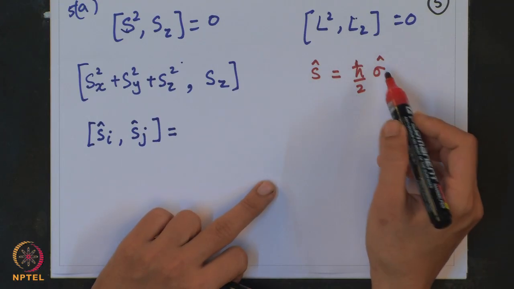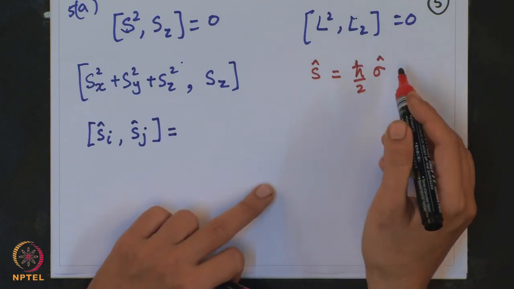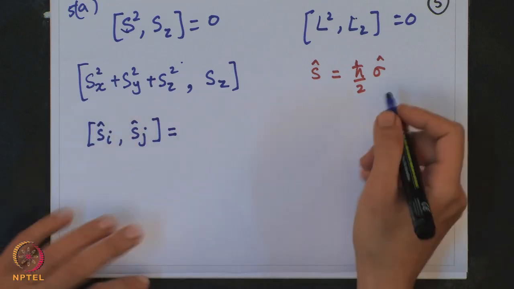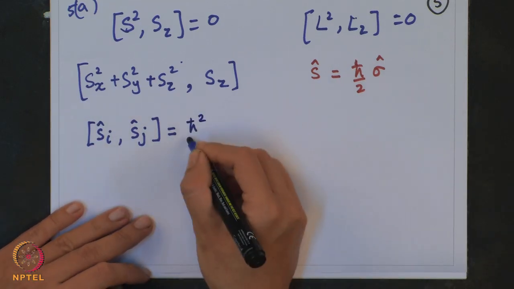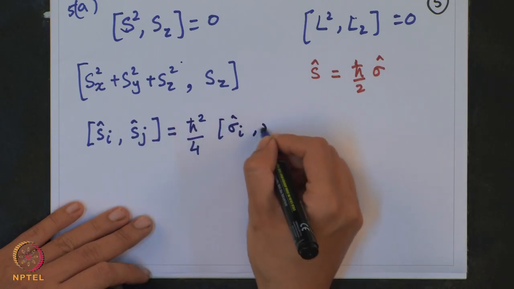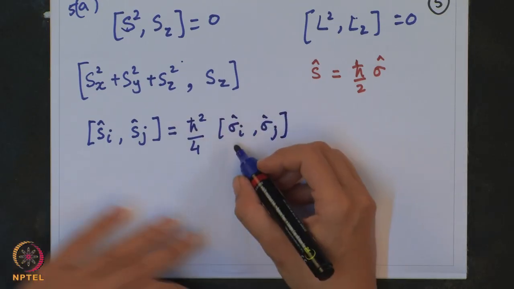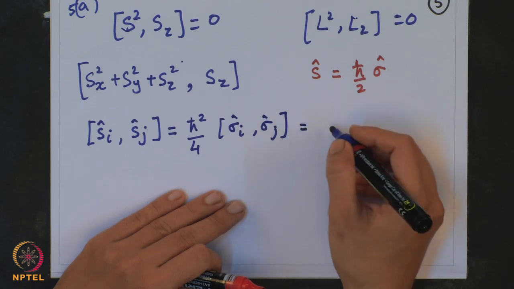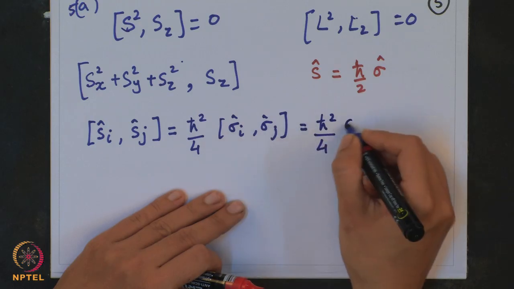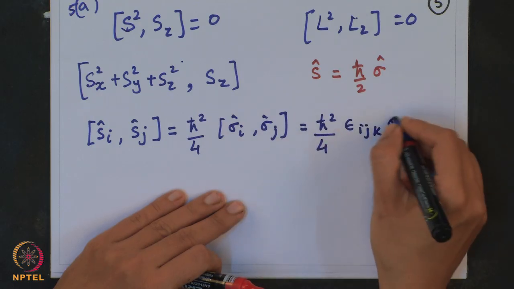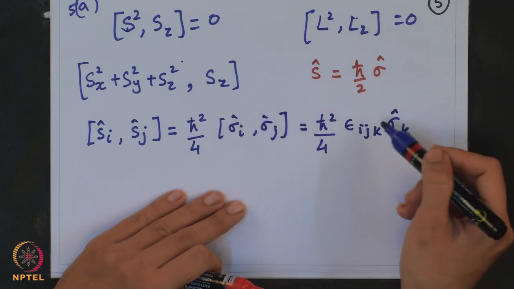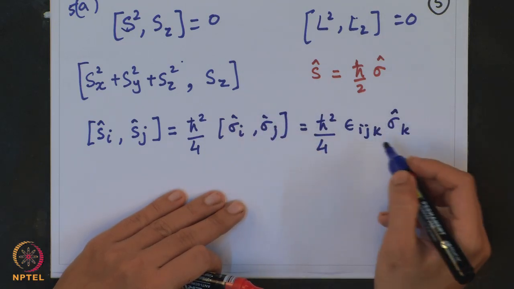So, in terms of Pauli matrices, you know the commutator of sigma i, sigma j, which we discussed last time. This will be h cross square by 4, correct, times the commutator of sigma i, sigma j. And what is that? If I write it in terms of epsilon ijk sigma k, when i and j are equal, this will be 0. You all know this tensorial notation.